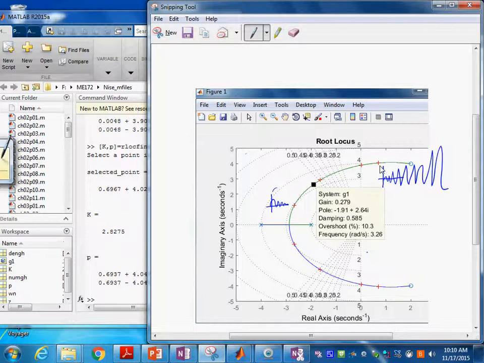So not good here. And the system like this is totally, vibrates like that forever. But this one like this would actually damp like that. These are the kind of things you need to know, how the poles get affected by the change of the gain, which is a great piece of information that the root locus gives us.